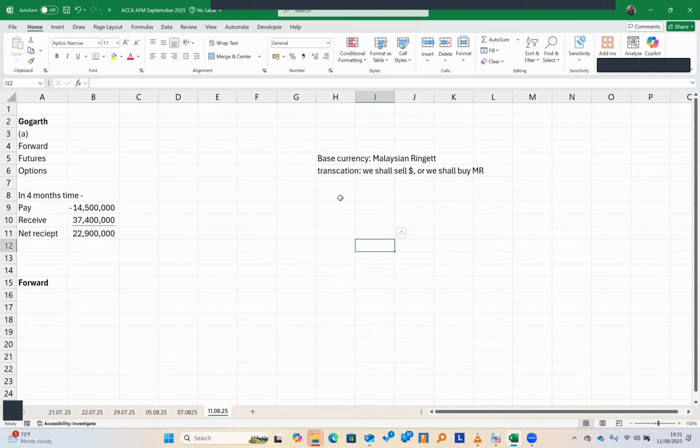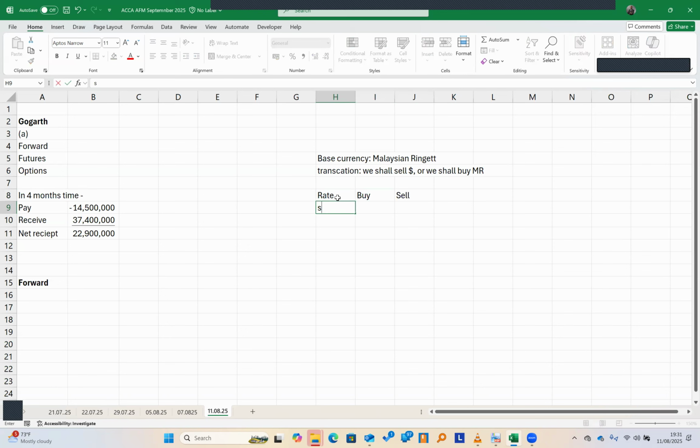to buy Malaysian ringgit. And then I said, when you are looking at the rate, the way the rate is quoted, they put a buy and a sell rate.